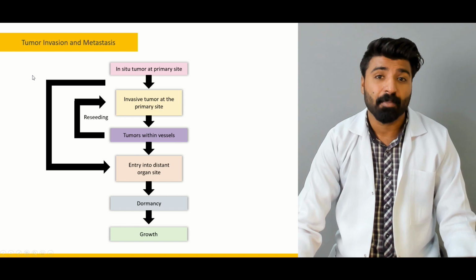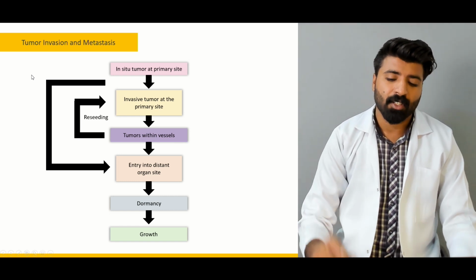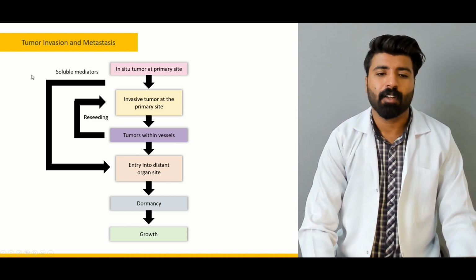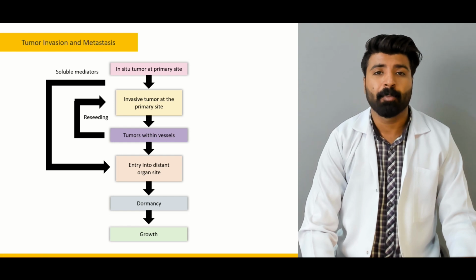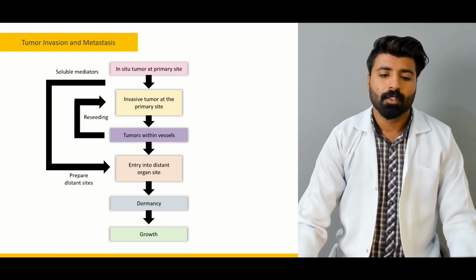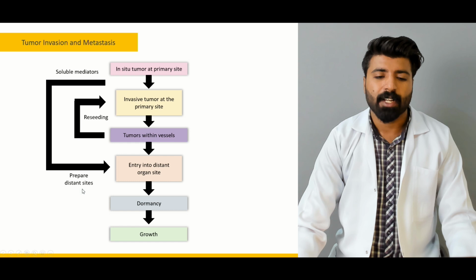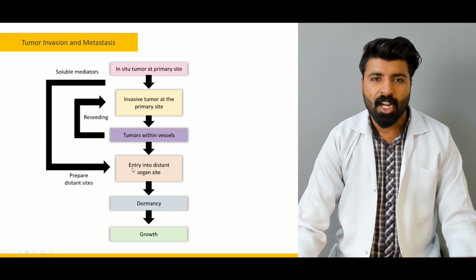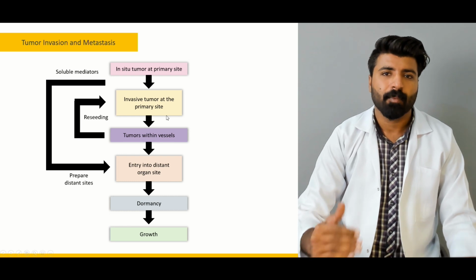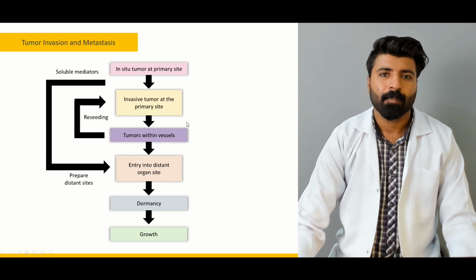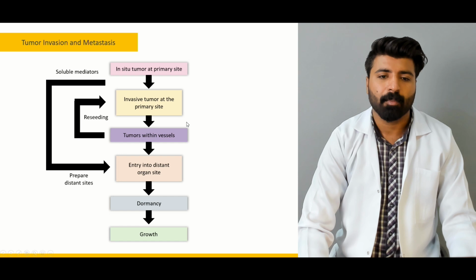If the organ is nearby, it can actually get to that organ without even one of them, and with the help of soluble mediators, of course. With the help of these soluble mediators, they prepare the distant sites and they get that entry into the organ site without going through these phases of metastasis.